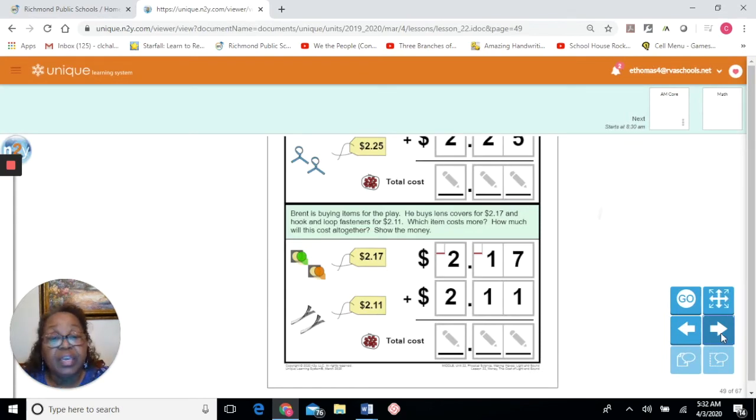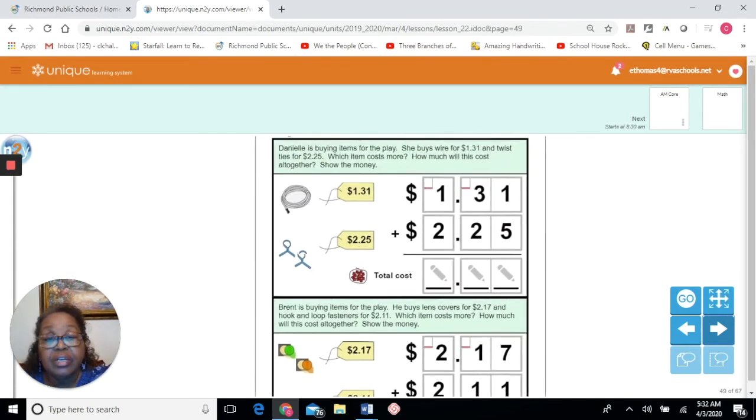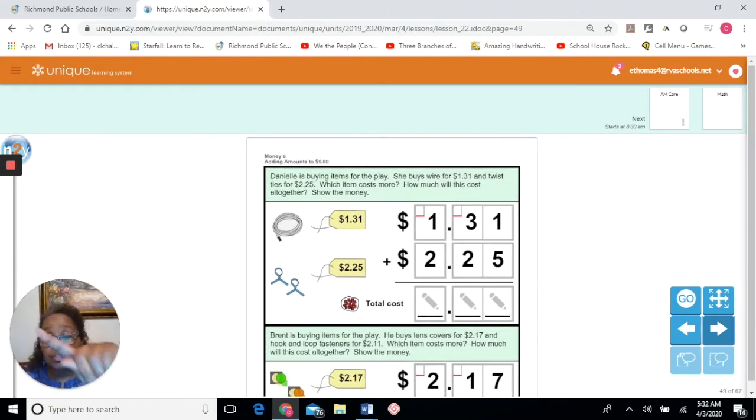Aha, things are changing. In this word problem, we're going to have to do some addition. And there is nothing wrong with that. We got this. All we have to do is make sure that our money is lined up correctly. We are able to add and get the new cost. We might have to regroup.